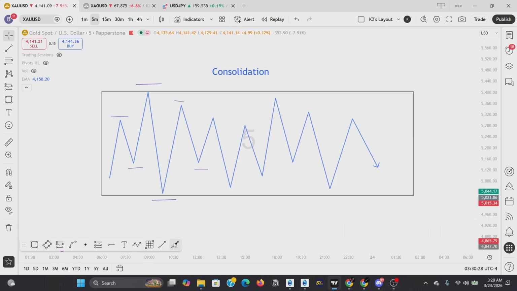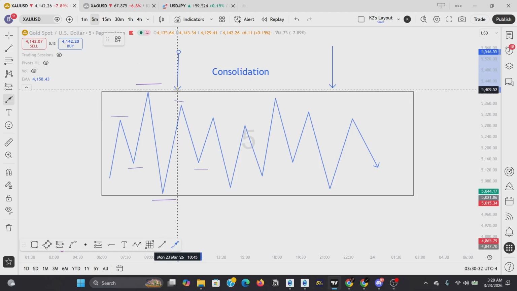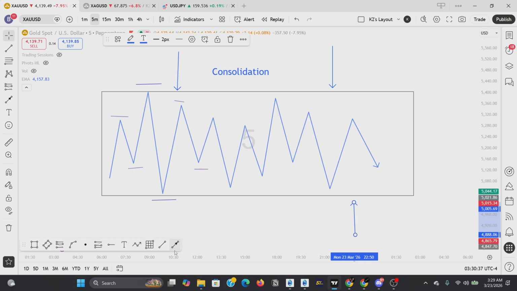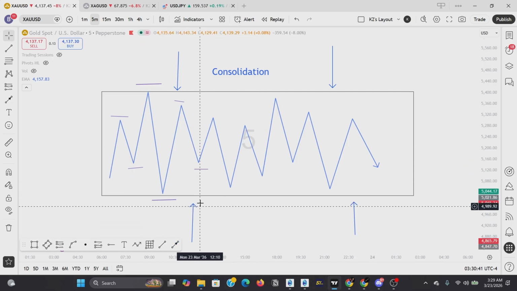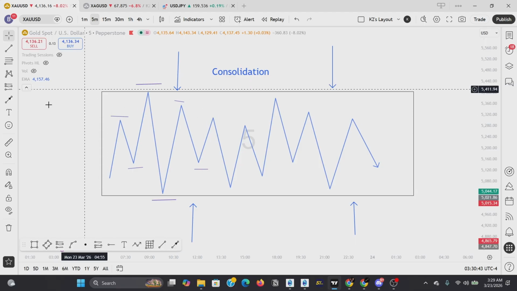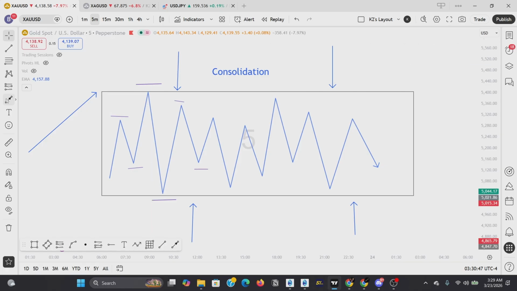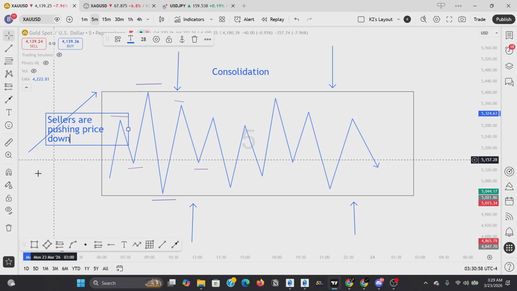Price doesn't know yet. The buyers and sellers are still in the market. There's usually an equal amount of buyers and sellers pushing price up and pushing price down every time one of the candles comes to a specific level. In this case, it would be this level right here. At that level, sellers are pushing price down.